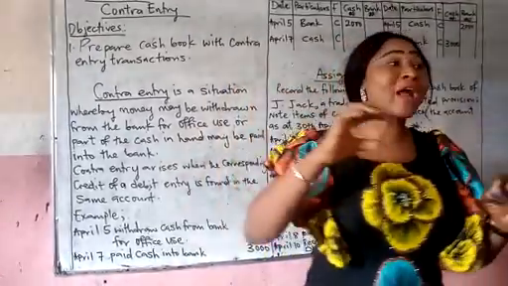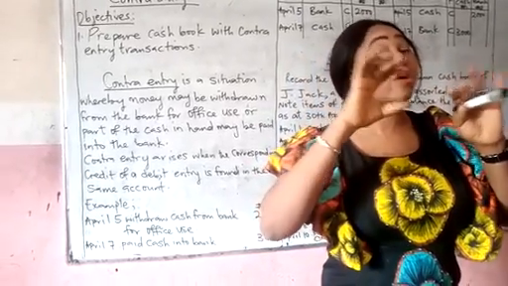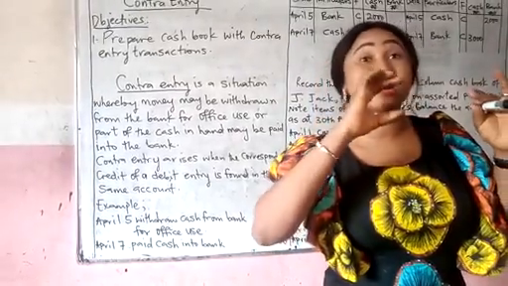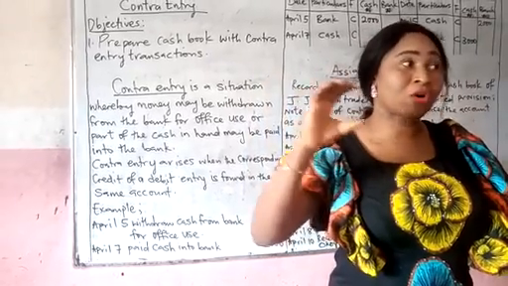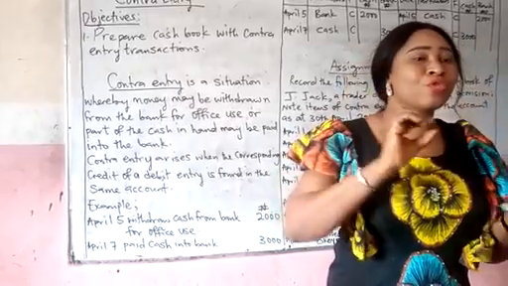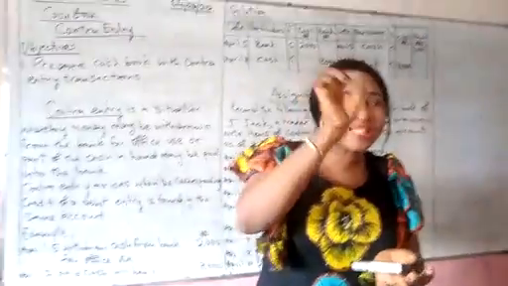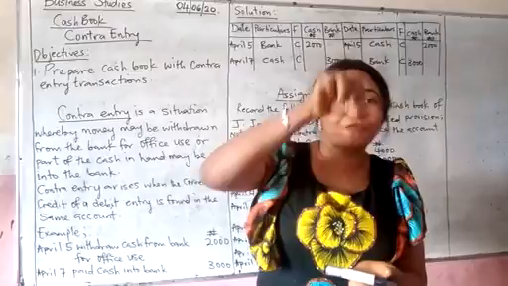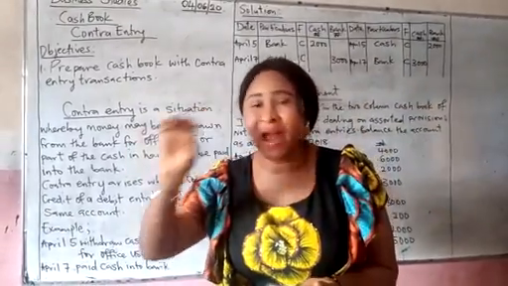Okay, contra entry is seen in cash book with bank columns only. And in this contra entry in the cash book, you use C in the ledger folio to indicate that the transaction is a contra entry.